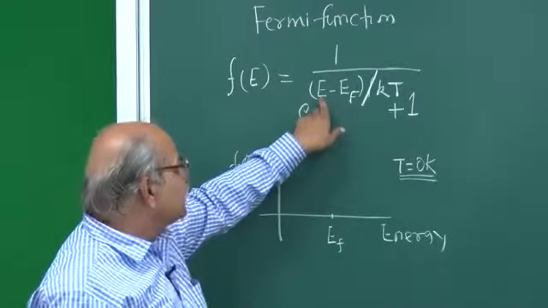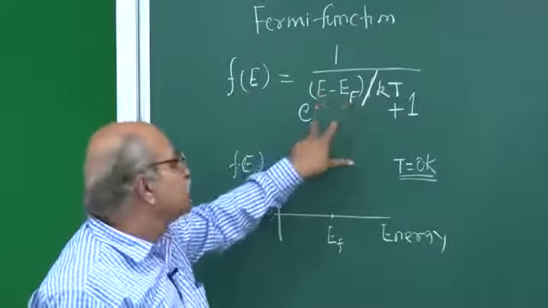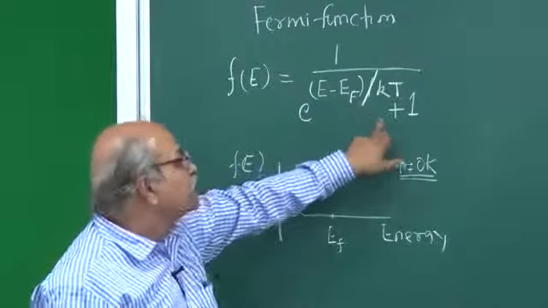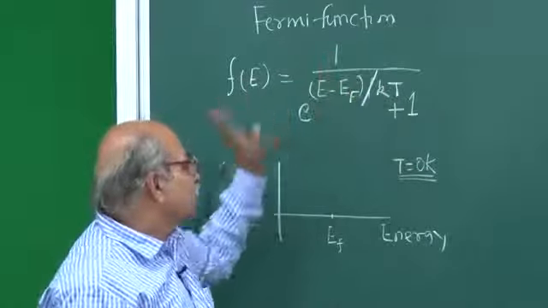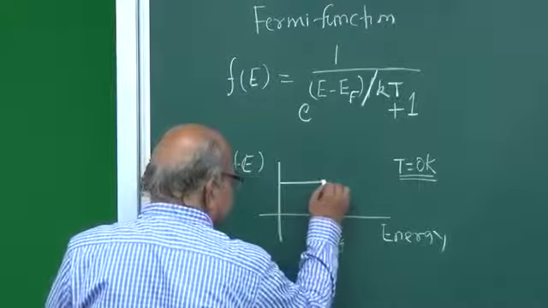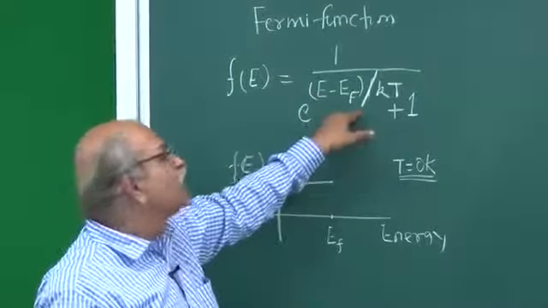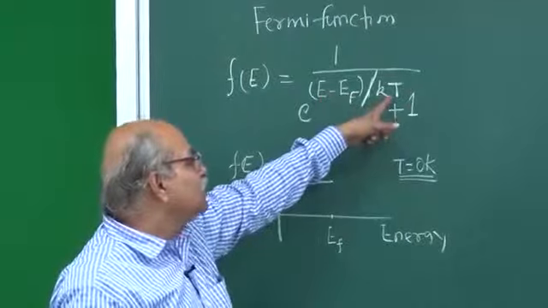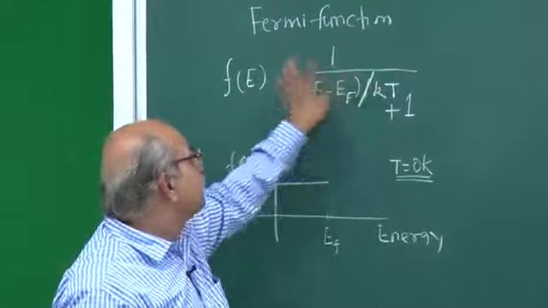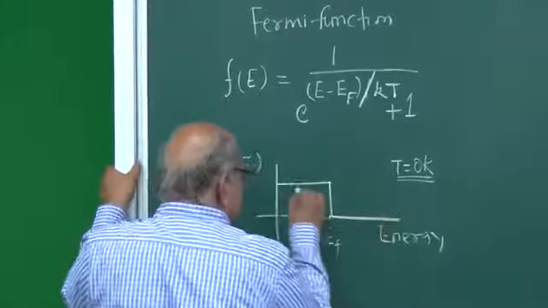But if E is less than EF, this is a negative quantity, and so it is e to the power minus infinity, which is 0, and then plus 1. So 1 divided by 1 is 1. So for all energies less than EF, this is 1, and for all energies greater than EF, this quantity is positive, and with T going to 0 it becomes e to the power plus infinity. So this whole thing goes to infinity, and the function goes to 0. So this is a step function.